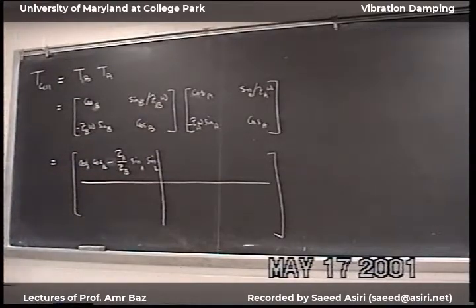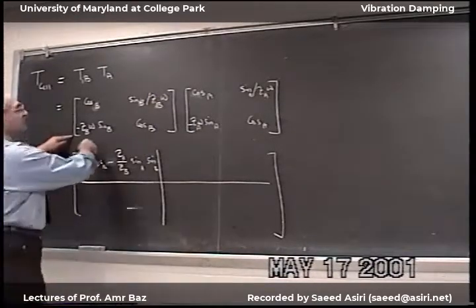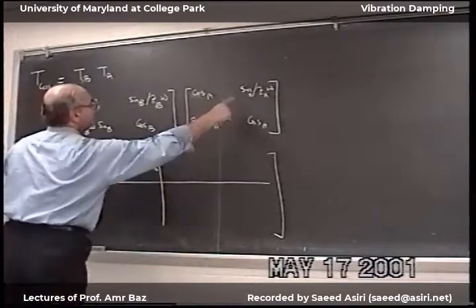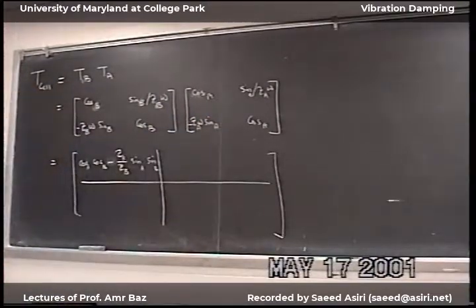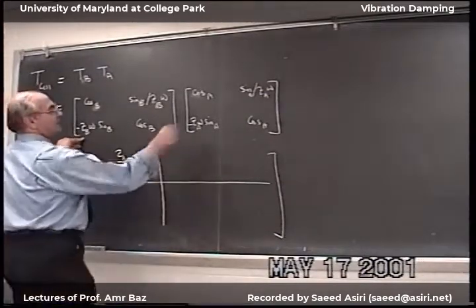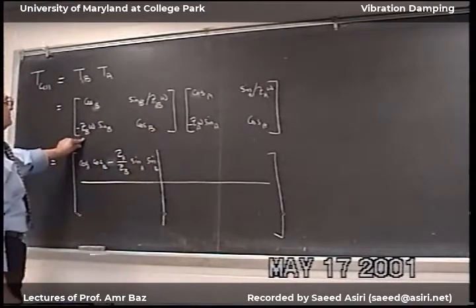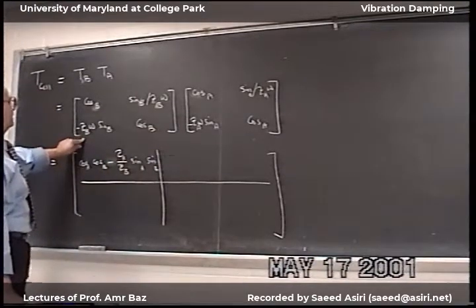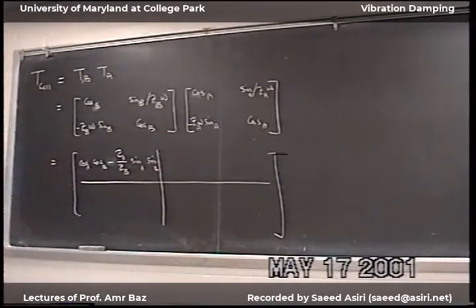Now, for the last one, I'm going to multiply this row 2 times this column. So we have here A. Okay.